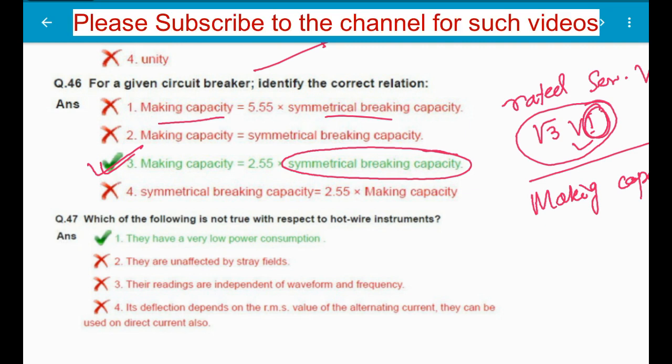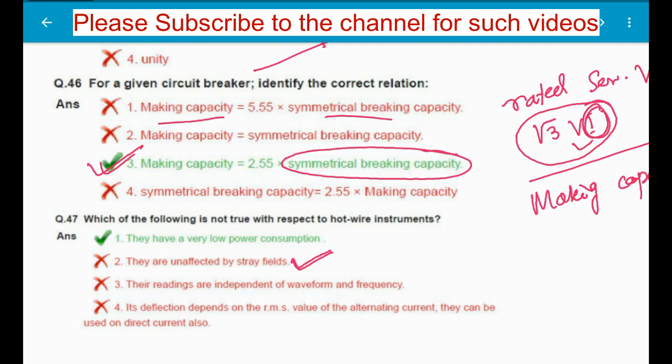So here option 2 is correct, because as there is no magnetic part, this is unaffected by stray fields. Next option, their readings are independent of waveform and frequency. This is also true, because when the RMS value is constant, this is independent of waveform and frequency.